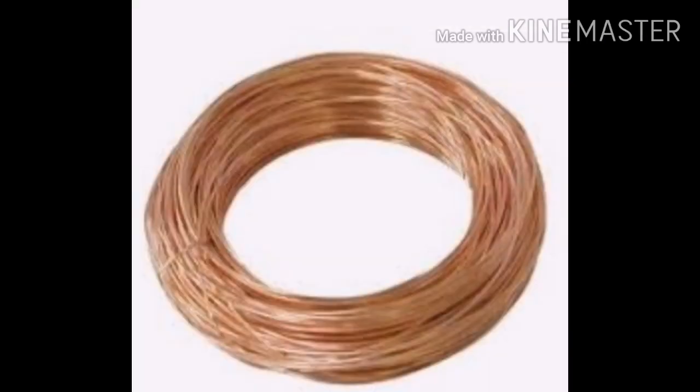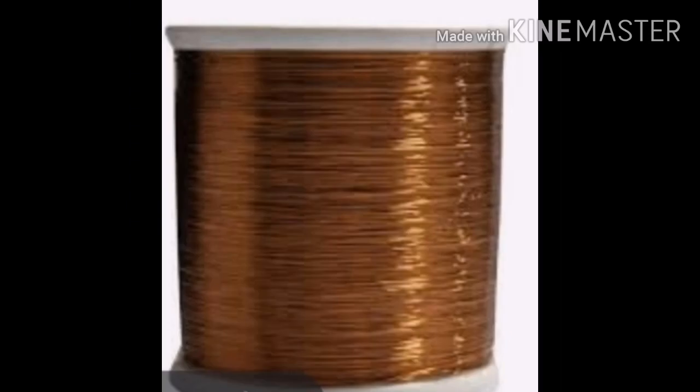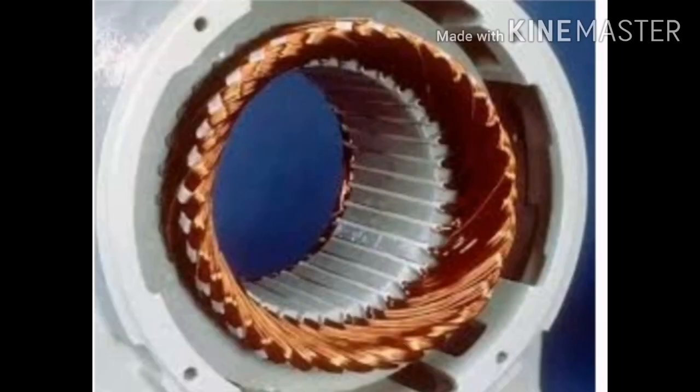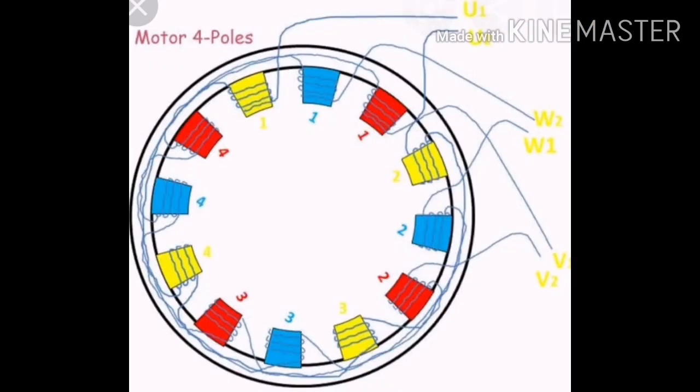Insulated conductors are placed in these slots and are connected in the form of star or delta. Finally, it is called the stator winding. The three-phase stator winding is wound for a definite number of poles as per the requirement of the speed of the motor.